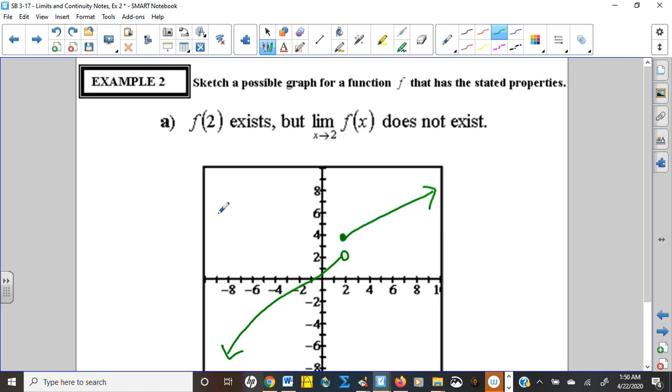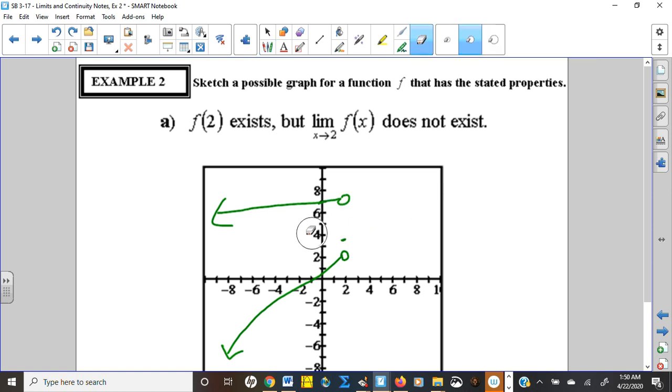In fact, you can even just do a couple vertical, horizontal lines, as long as there was a jump at 2. And you wouldn't even have to have either part of the graph that's been jumped defined at that point.